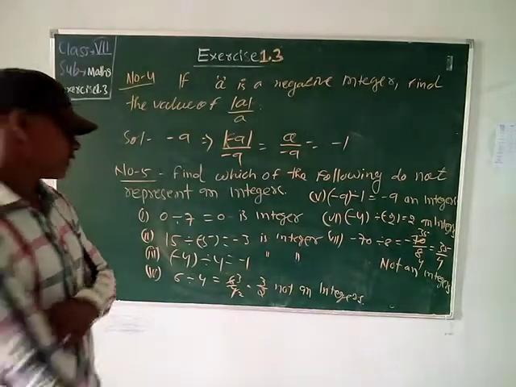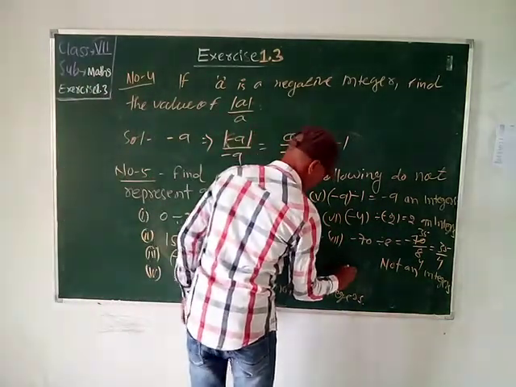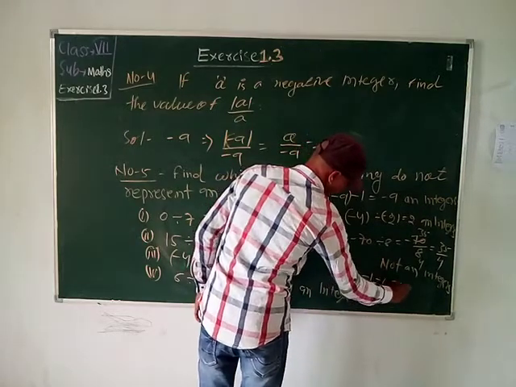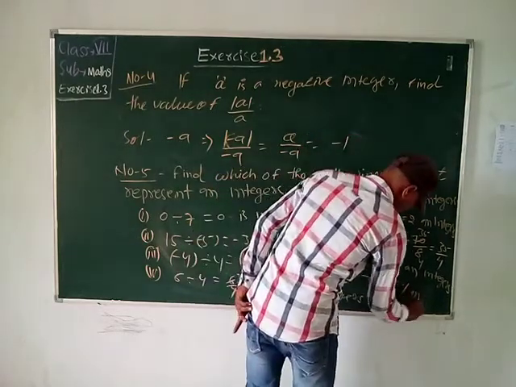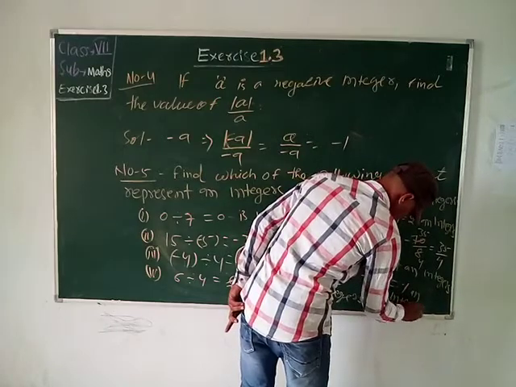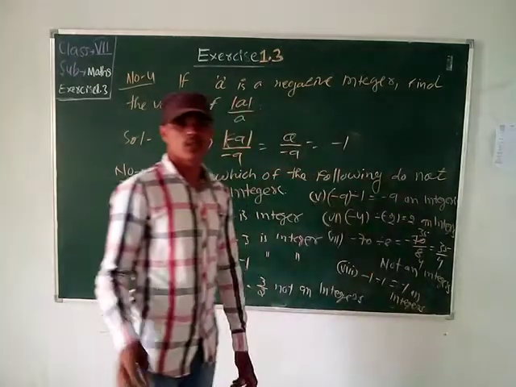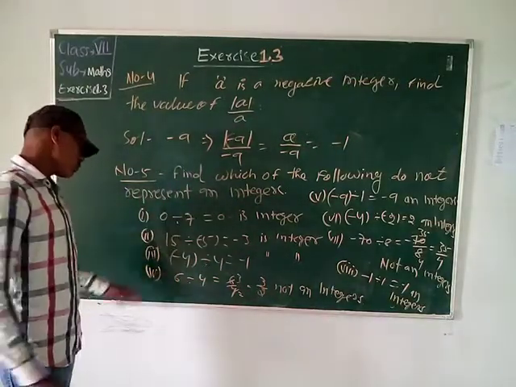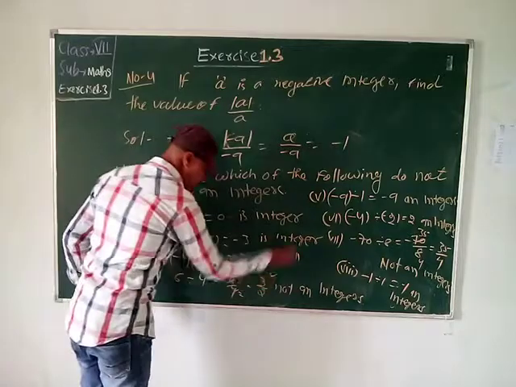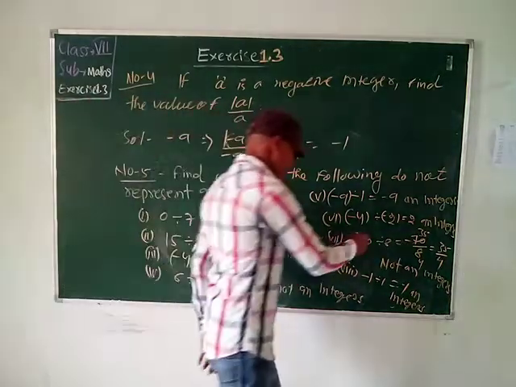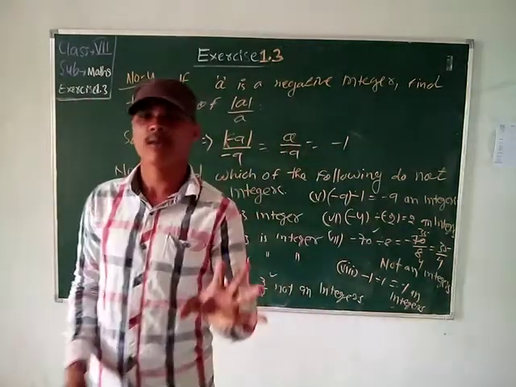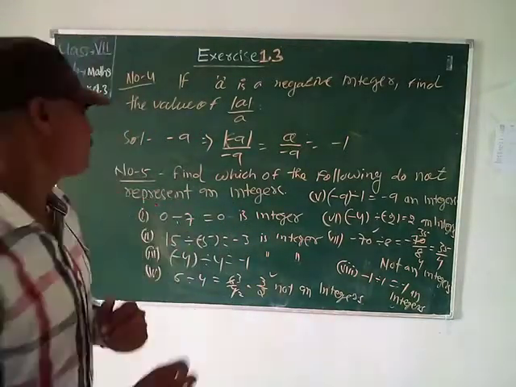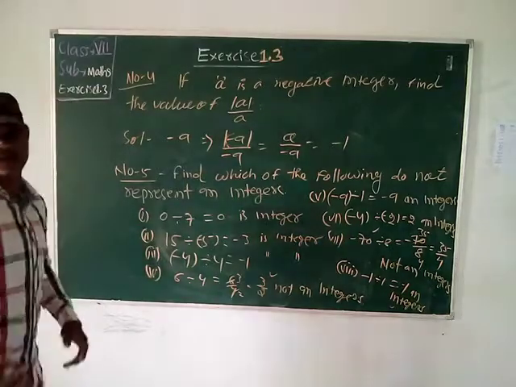Then 8th bit. Here we do 8 minus 1 divided by 1 equals 1, an integer. Okay, so see, we got all the solutions. 1st is an integer, 2nd is an integer, 3rd is an integer, 4th is not an integer, and the 7th bit is not an integer. That means only 2 bits, the 4th and the 7th, do not represent integers.